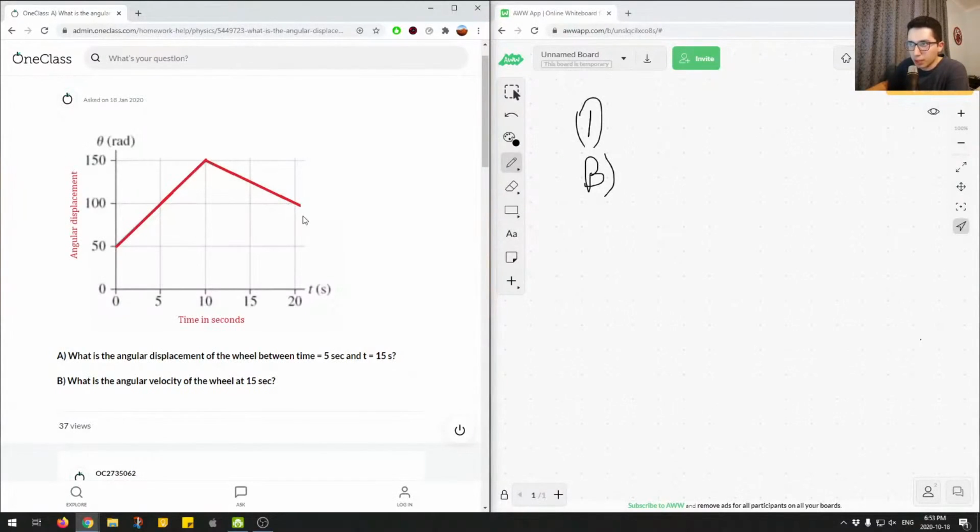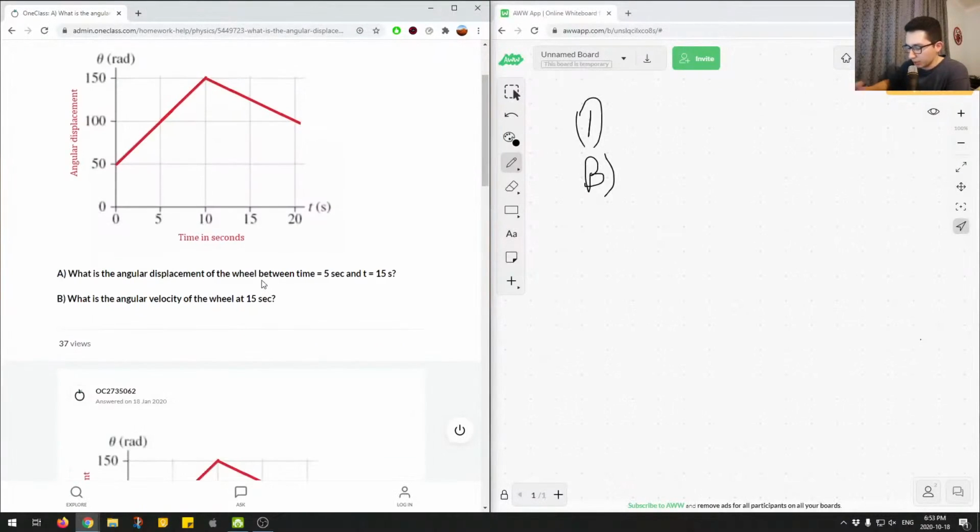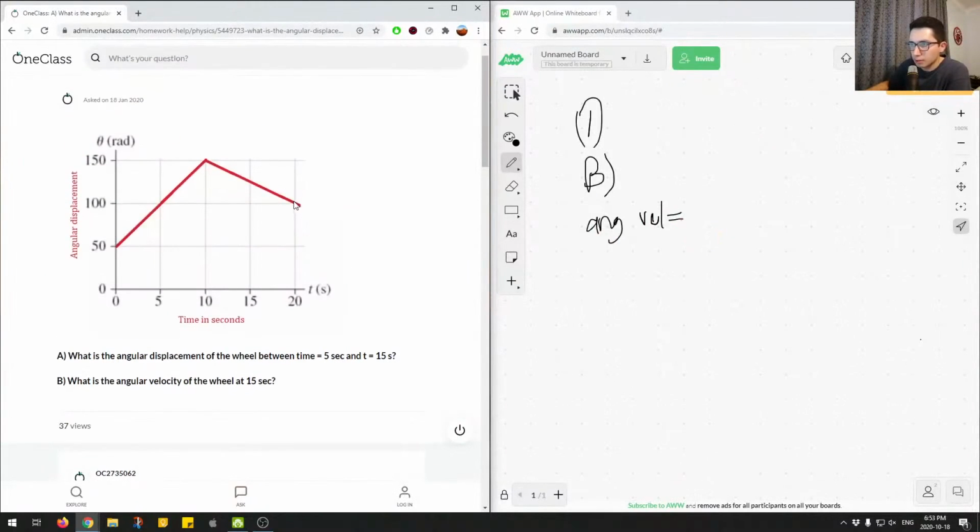Because we have a straight line, we can take 2 points on this line and find the rate of change. So the angular velocity at time equals 15 will equal rise over run. We'll say this is the final point and this is the initial point.